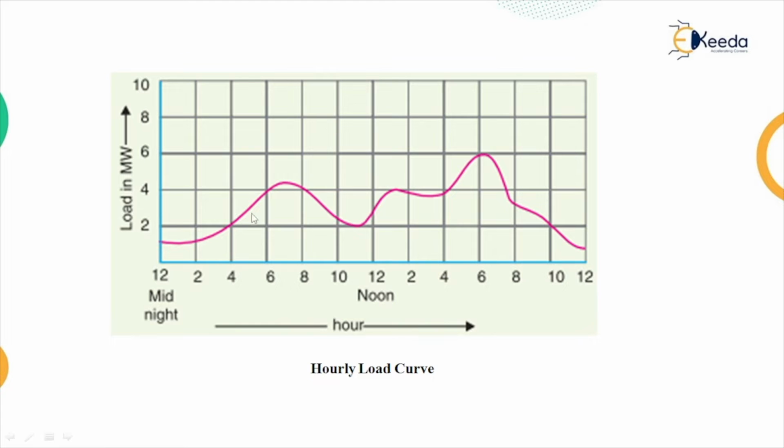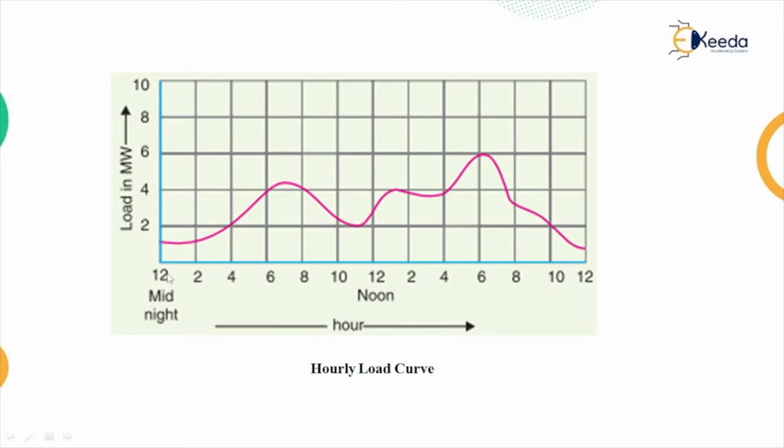So this is an example of a daily load curve. Here on the y-axis we take the load in megawatt, so 2 megawatt, 4 megawatt, and on the x-axis we take the time in hours, starting from midnight 12 to again midnight 12.